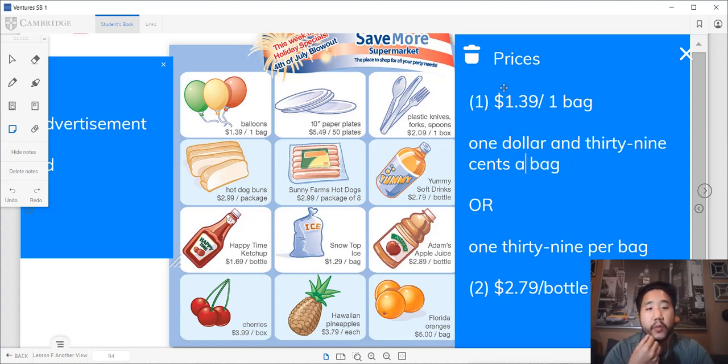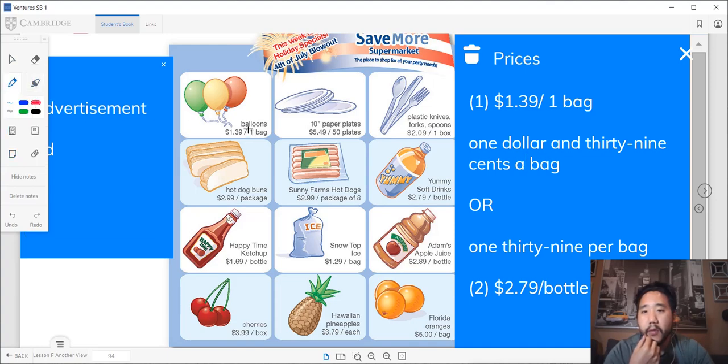So there's actually two ways of saying this actual price, $1.39 or 139, and for this dash symbol, you can say a or per, and then bag. Okay.